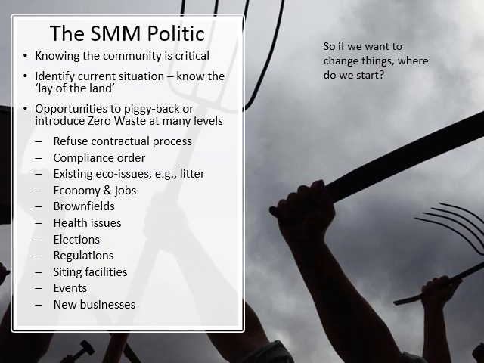Sometimes we don't have a choice. There's a compliance order, and we have to do what we're told, whether it's state or some other mechanism. We're going to have to take a look at what it is and how we can best comply with whatever that order may be. There can also be eco issues that exist out there, for example, litter.